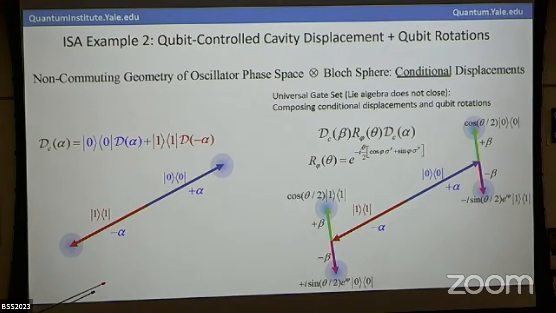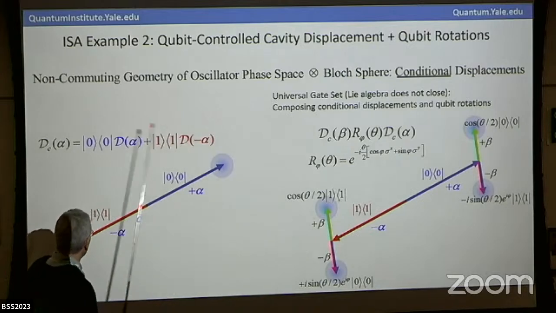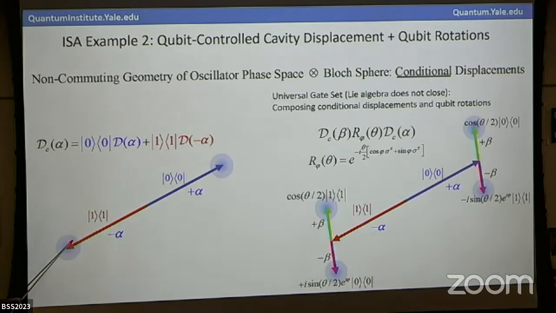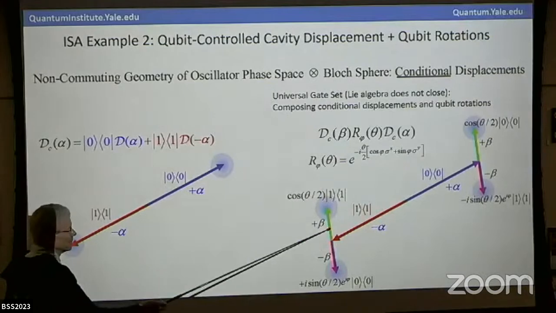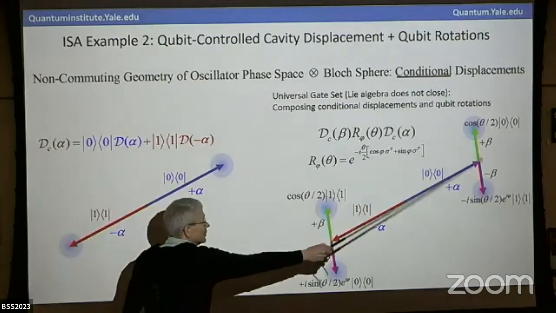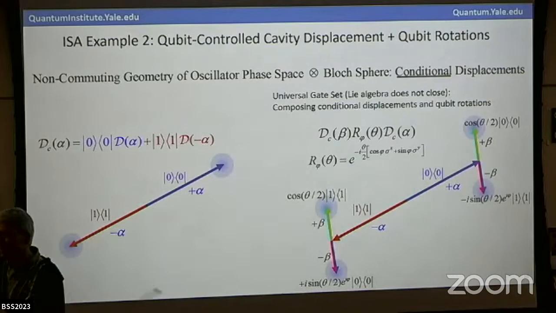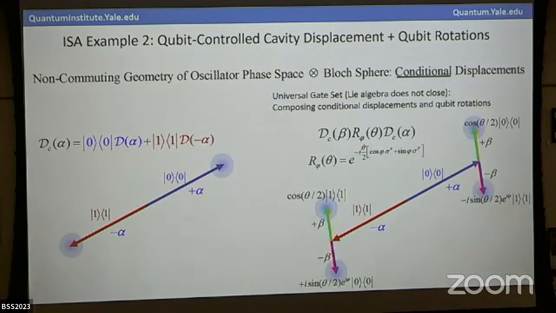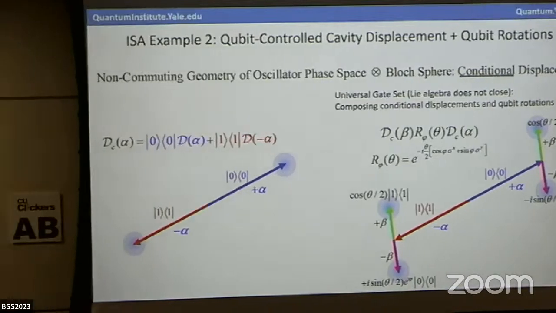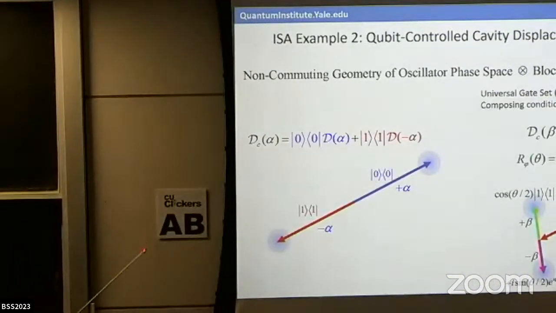Now apply another controlled displacement in some other direction. This blob is a superposition of 0 and 1 now, so it splits into 2 blobs. And that guy splits into 2 blobs. Do it again, you have 8. Do it again, you have 16. And pretty soon you can sculpt amplitudes in phase space any way you want and produce more or less any state you want.